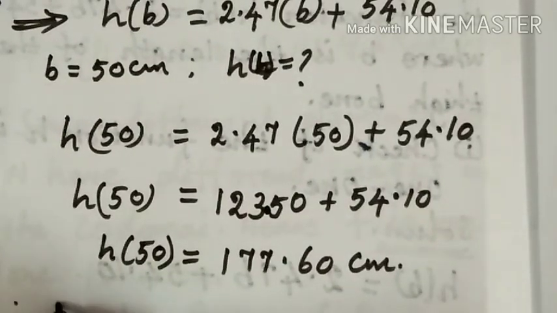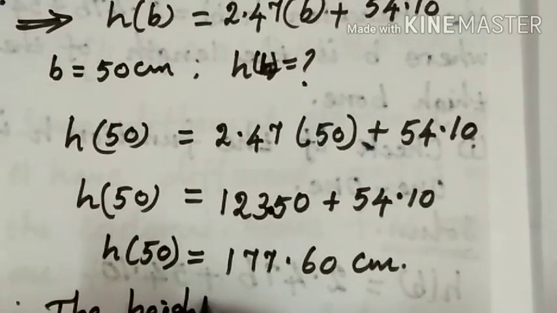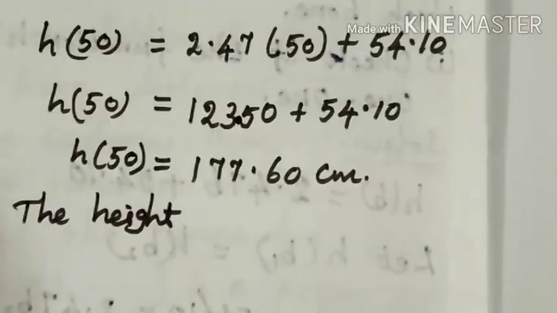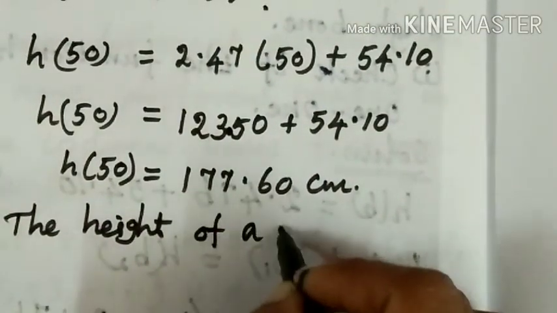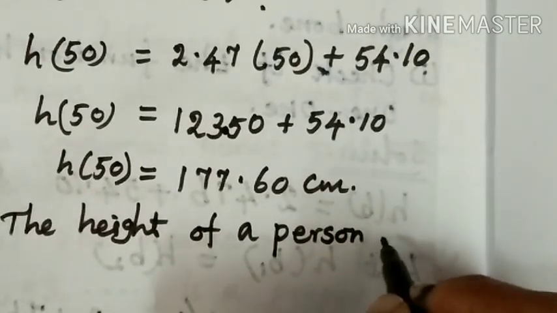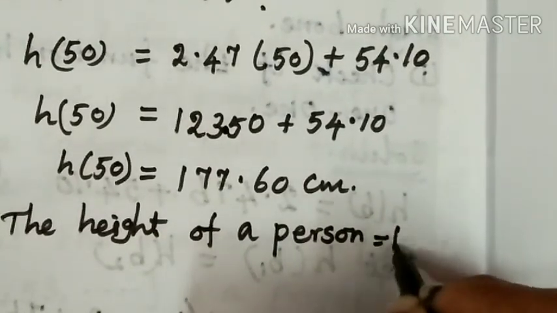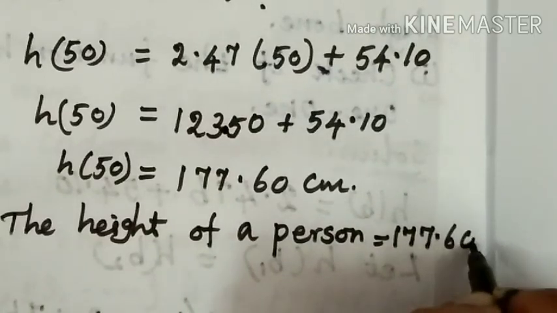Therefore, the height of a person is equal to 177.6 centimeter.